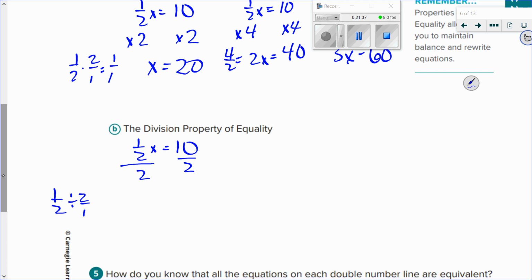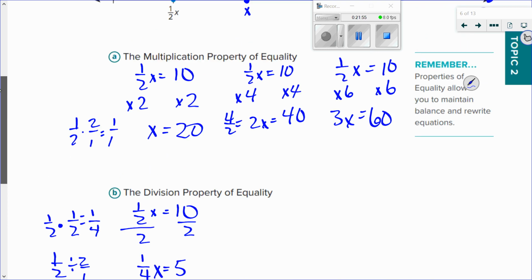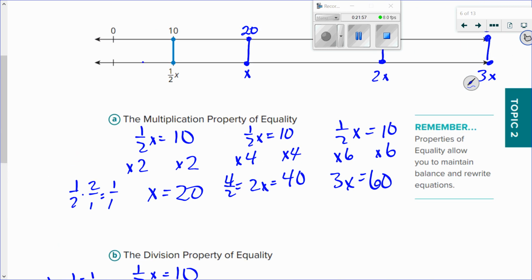Keep, change, flip. That's our process. I keep the first number, change it to multiplication. I flip the second number. So it's now 1 times 1 is 1, 2 times 2 is 4. So 1/2 divided by 2 is actually 1/4 x. 10 divided by 2 is 5. So my next one would be 1/4 x and 5.